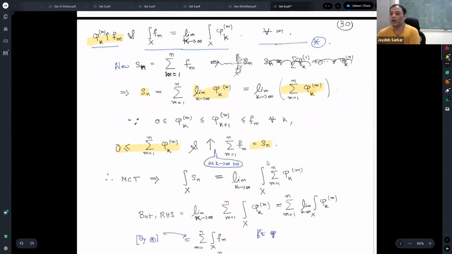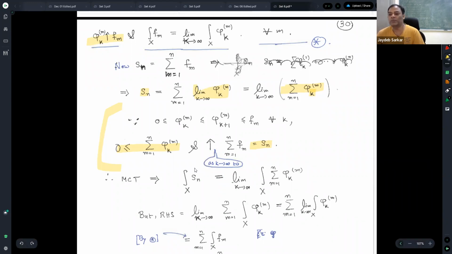Fine. Now you appeal to the MCT, the monotone convergence theorem, since Sn is the limit of an increasing sequence. All this is to set up the stage for MCT, okay? So you look at this and prove this is an increasing sequence of non-negative simple functions, right? Simple is not needed for MCT, but this is simple.